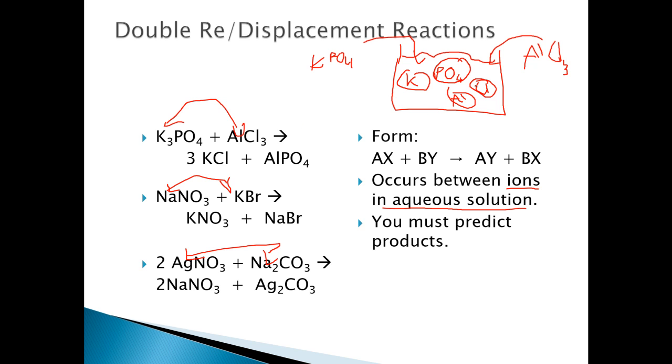And what happens is that these guys match up and these guys match up because they are more attracted to each other based on their charges. They better balance each other, because potassium is a +1, chlorine is a -1, so they balance each other. Aluminum is a +3, phosphate is a -3, so they balance each other, and then it's done. It's simple.